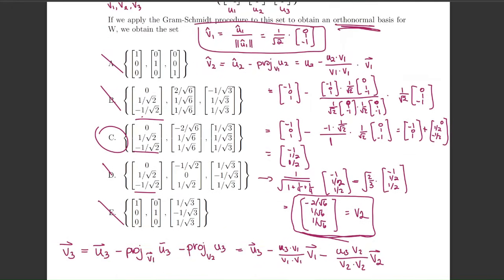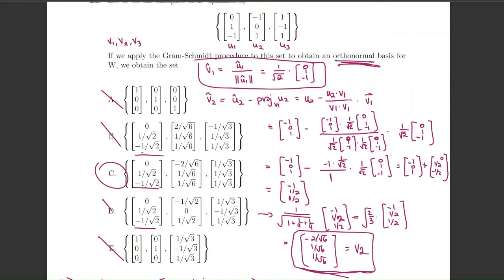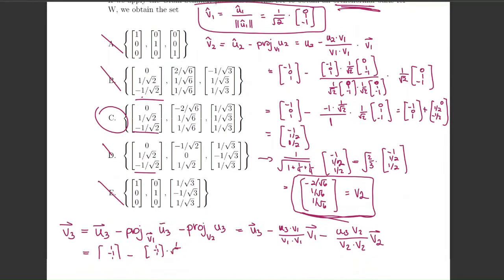So u3 is 1, negative 1, 1, minus u3 dot v1, so 1, negative 1, 1 dot with v1, which is 0, 1, negative 1, divided by v1 dot v1. v1 is already normalized, so we've already argued that v1 dot v1 will be 1. You can do the math yourself if you want. Times 1 over square root 2 times 0, 1, negative 1.